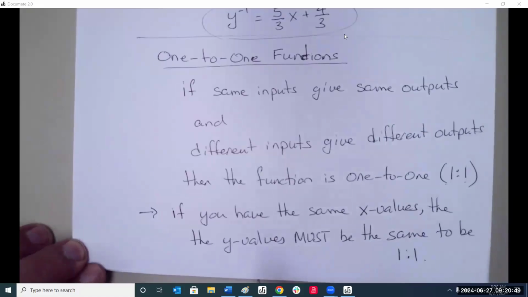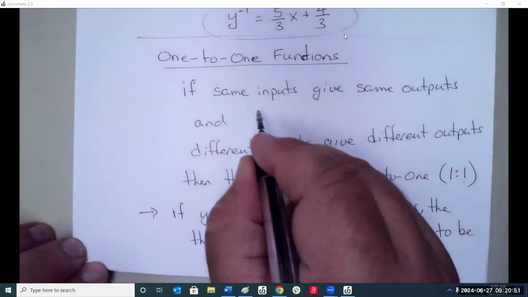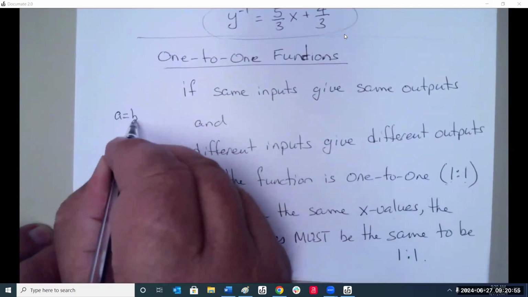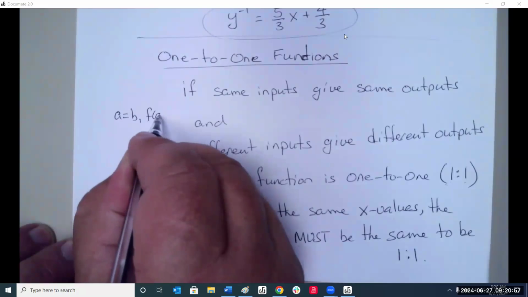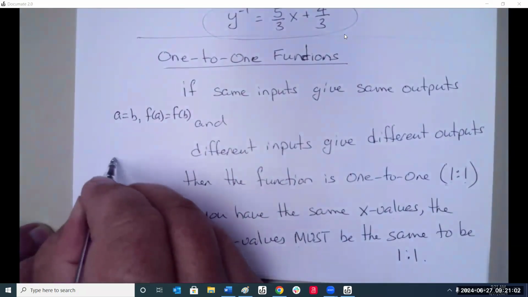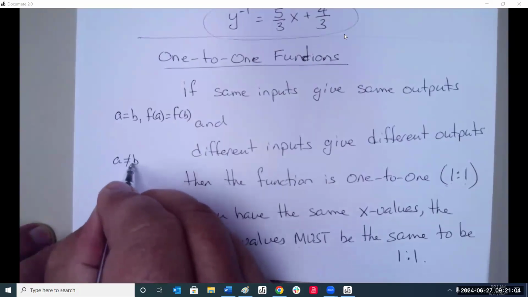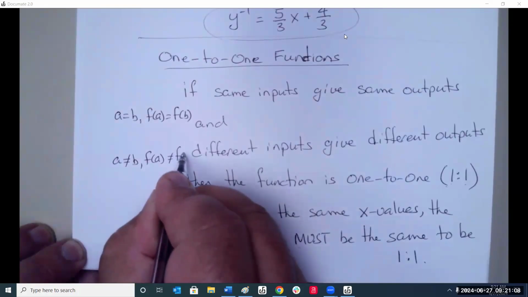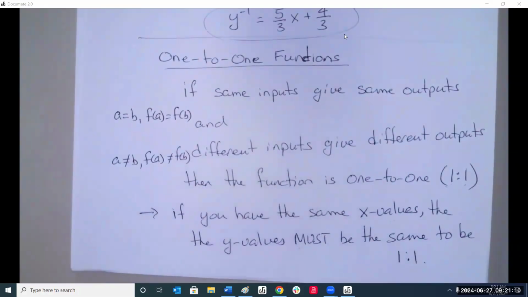So here's how it would look mathematically. If A equals B, then f of A equals f of B. If A does not equal B, then f of A does not equal f of B. That's what it says.